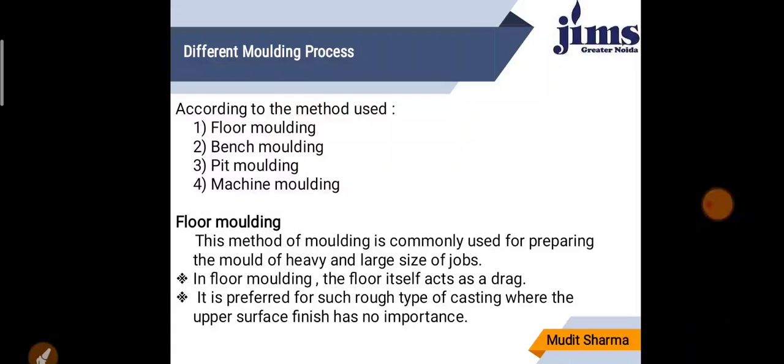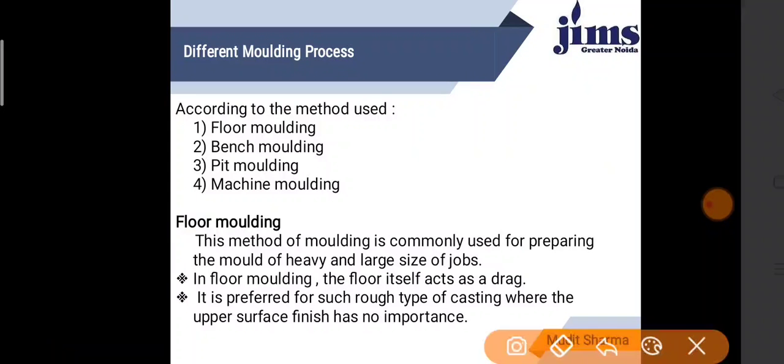When the foundry floor acts as a drag, and it is covered with a cope, or the mold is cast openly, it is called floor molding. It is basically used for medium and large castings. In this type of molding, the complete cavity is formed in the floor and the molten metal is poured directly into it. Here you can study by the help of this PPT what I am saying.